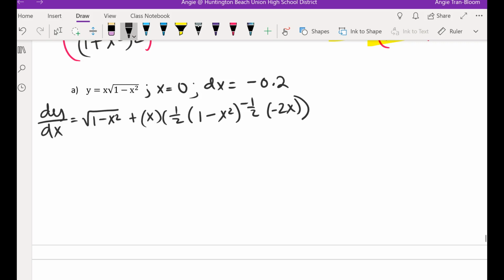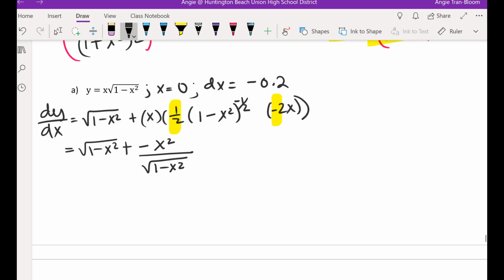Let's simplify that really quickly. This becomes 1 minus x squared plus this right here, and that guy becomes a negative 1. So let me fix this: it's supposed to be a negative 1/2 as an exponent. So that's going to be negative x squared in the front, and then I'm going to write this as the square root of 1 minus x squared.